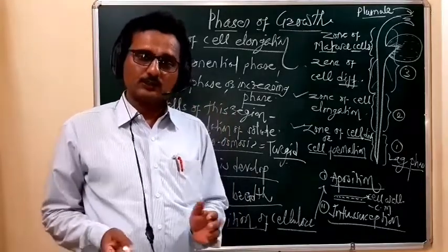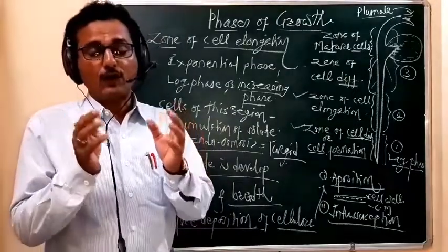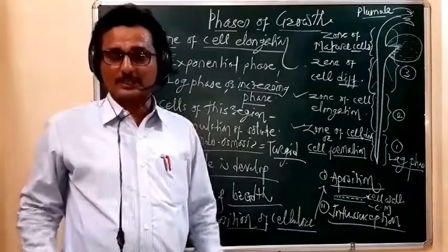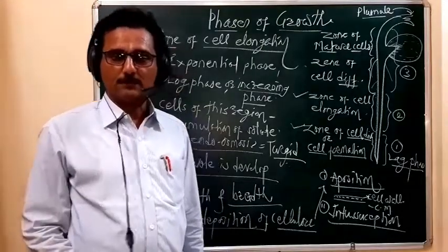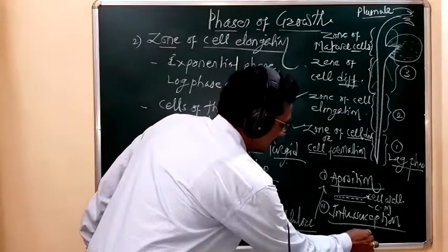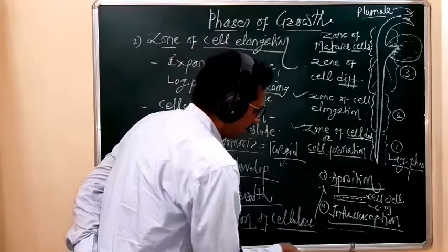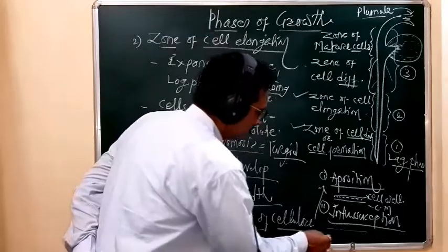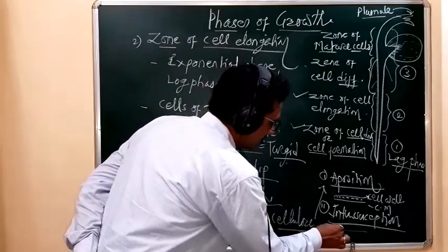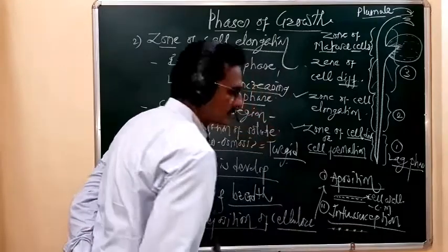Suppose this is the previously formed cellulosic cell wall. Then the new cellulosic molecules are deposited inside the previously formed cellulosic cell wall.